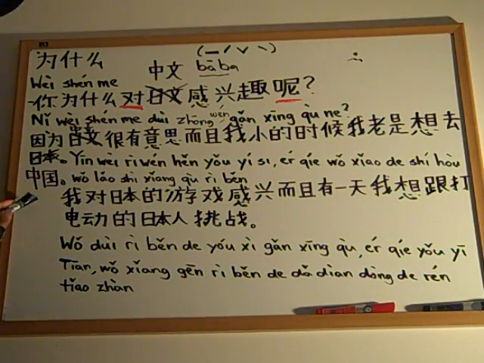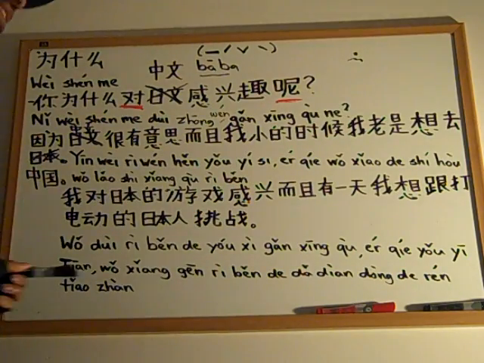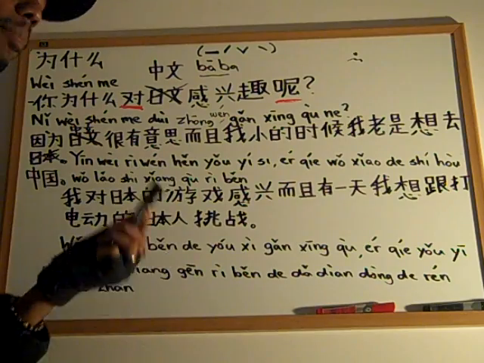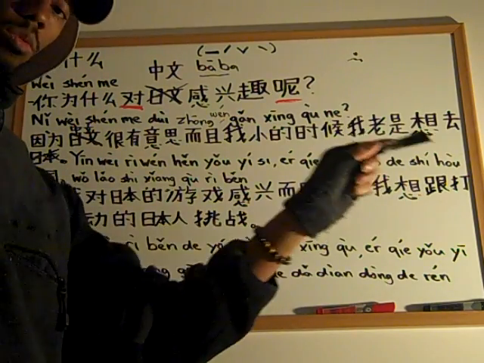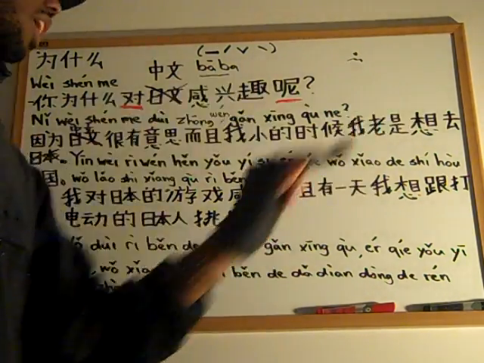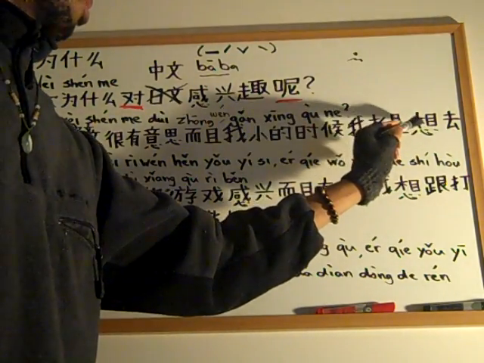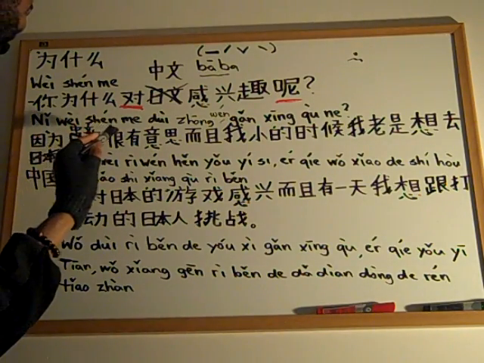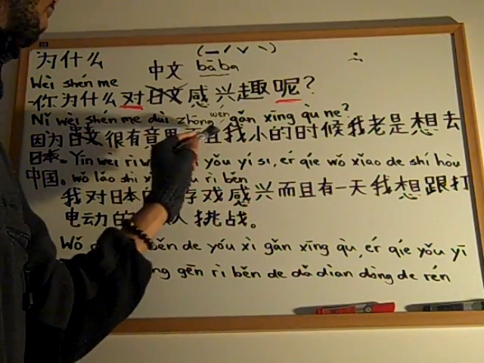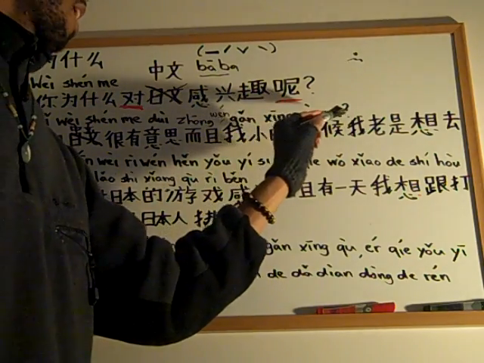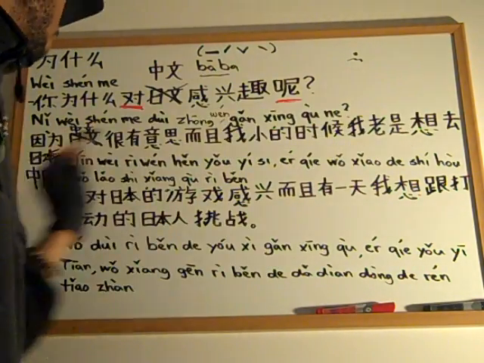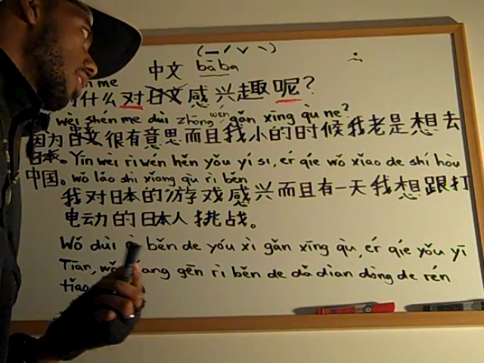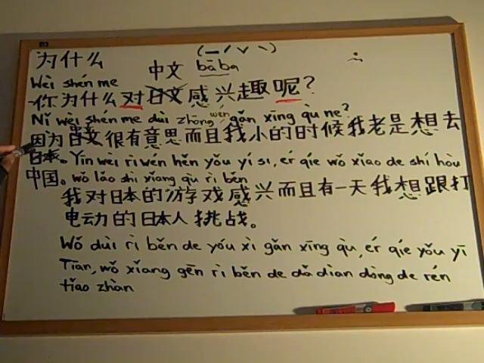So 去中国, and it's very simple because unlike Japanese, they have particles. Like when you say you want to go to some place, you use the ni. See, in Chinese, it's just like go China. So it's because Chinese very has meaning and I small when I always want go China. You see, the grammar is very simple compared to Japanese.